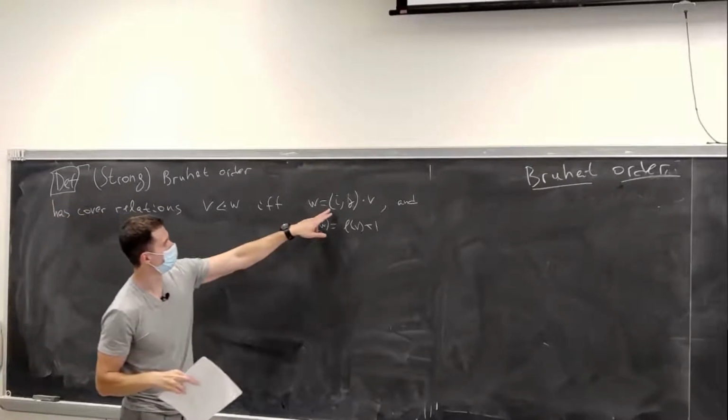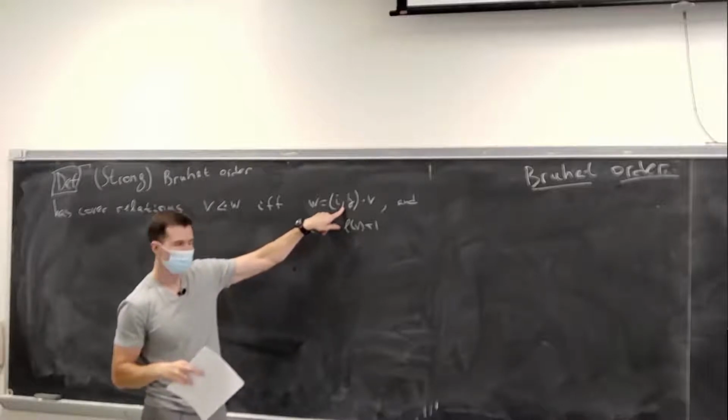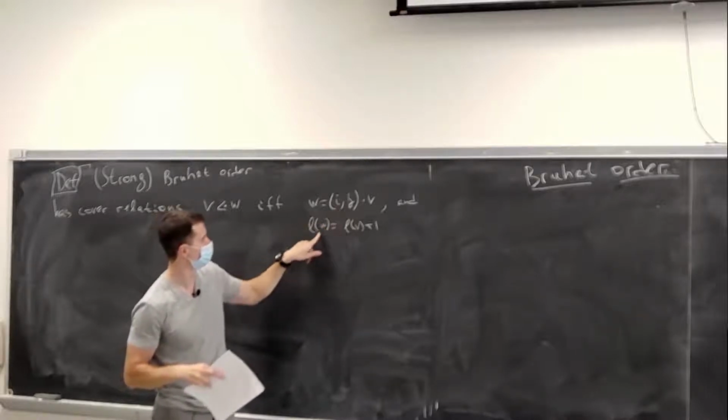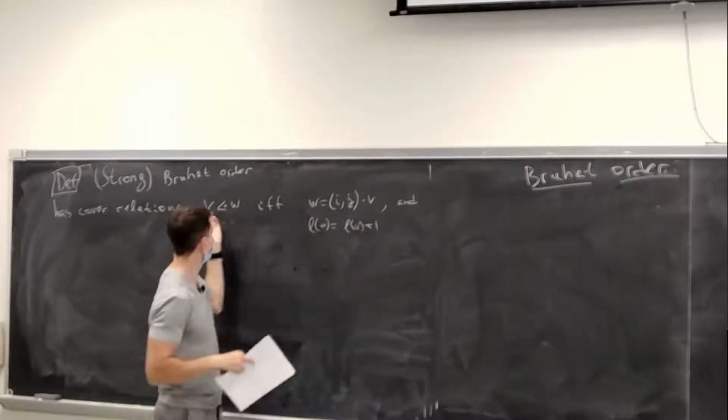So here you're allowed to swap any two, not necessarily adjacent, entries, but you have to make sure that the number of inversions increases by exactly 1. Then they form a covering relation.